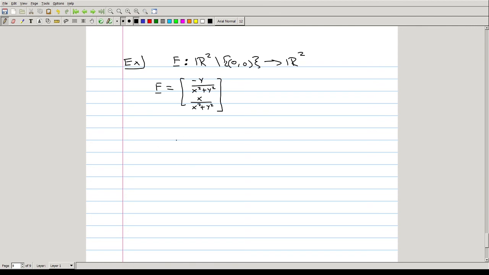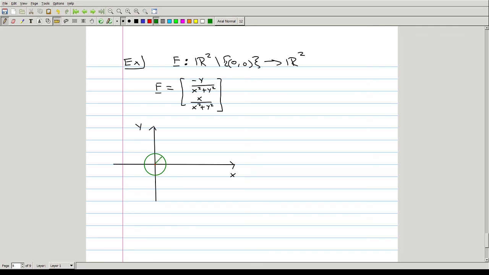We computed that for a small circle of radius epsilon, the line integral is equal to 2 pi.